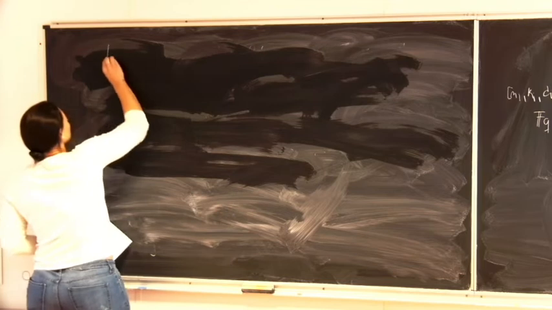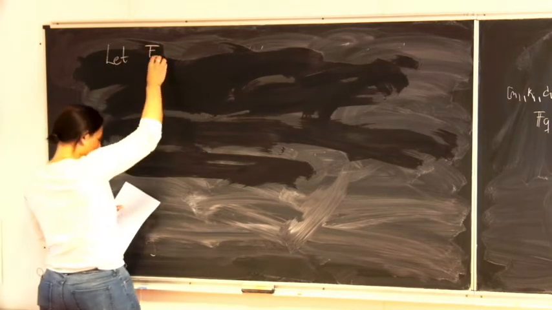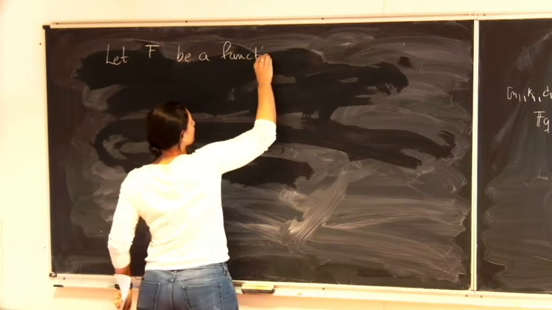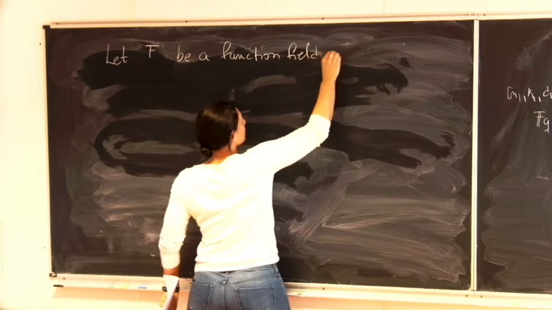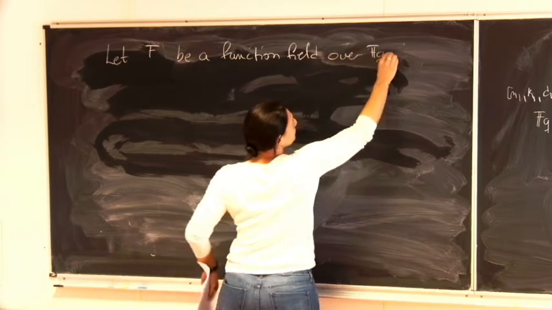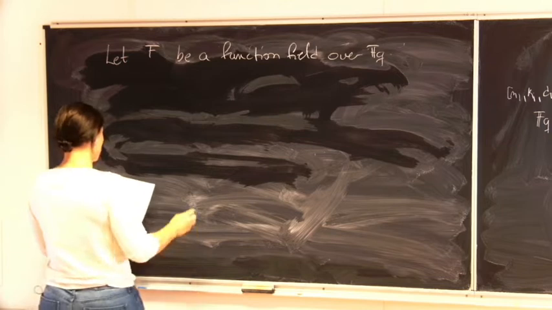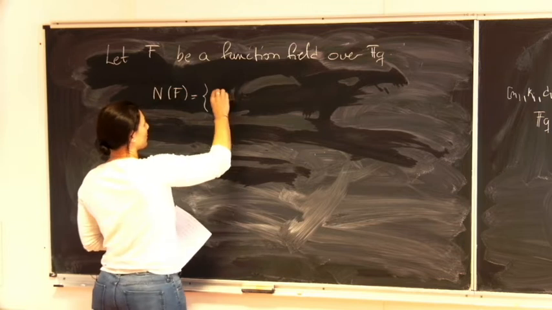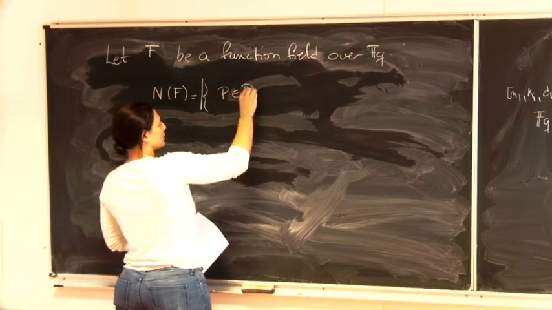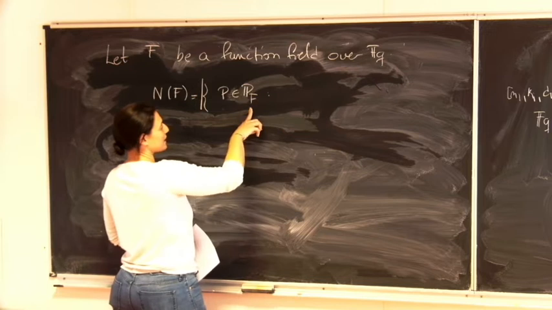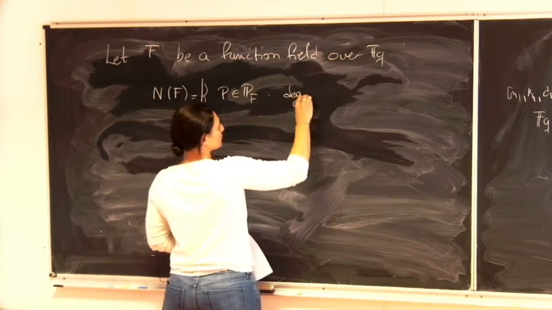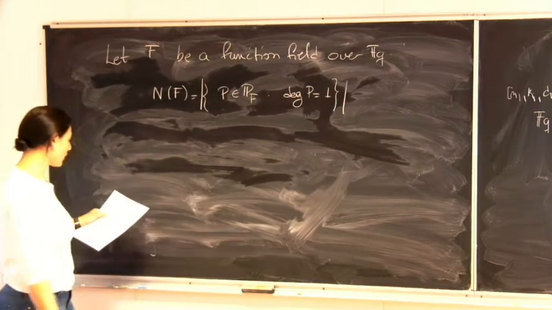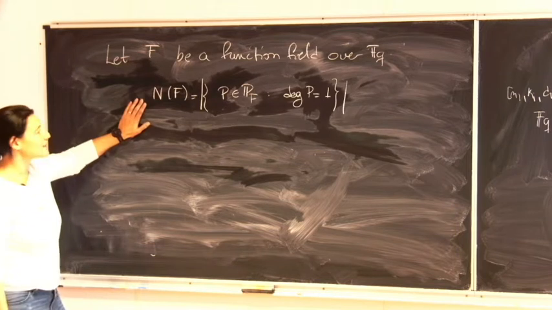And so if we have F a function field over F_q, and we define by N(F) the number of rational places, the number of places of F of degree 1, I want to see how big this number can be.